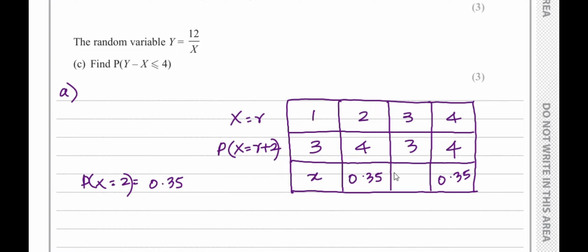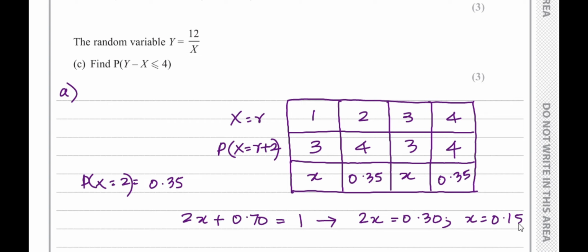So let's put it as x. Now it will be crystal clear to you that all the probabilities if added to 1 can help you solve for x. So we can say 2x plus 0.70, which is 0.35 plus 0.35, is equal to 1, which means 2x is equal to 0.30, which means x is equal to 0.15.